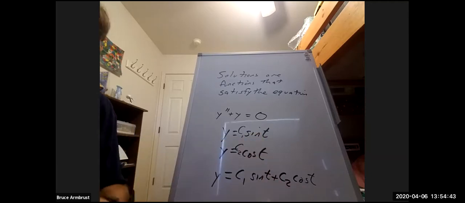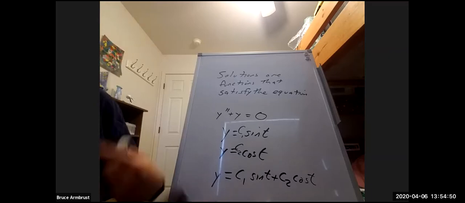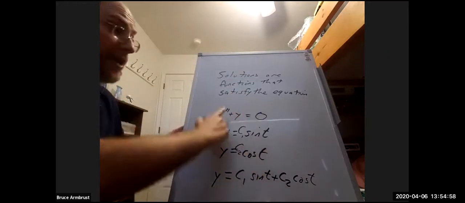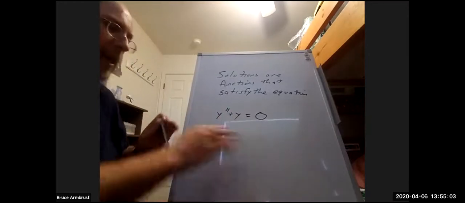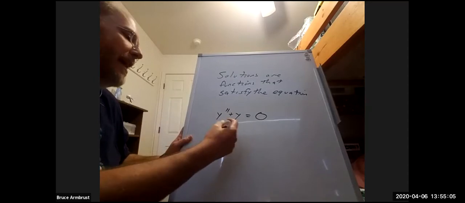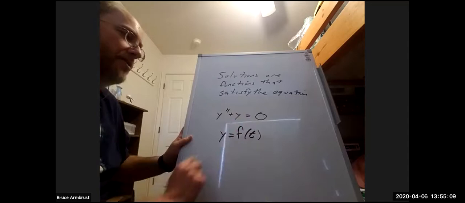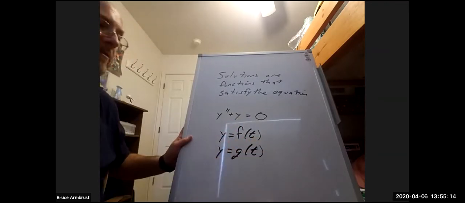But what if, how about we just look at it this way? If we have two functions that are a solution to a differential equation, is there going to be some way to combine them? So let's just think about this. We'll use the same one. I'm not going to name them as sine and cosine. I'm just going to say, what if we have y equals f of t is one of the solutions, and there's another one that's g of t.